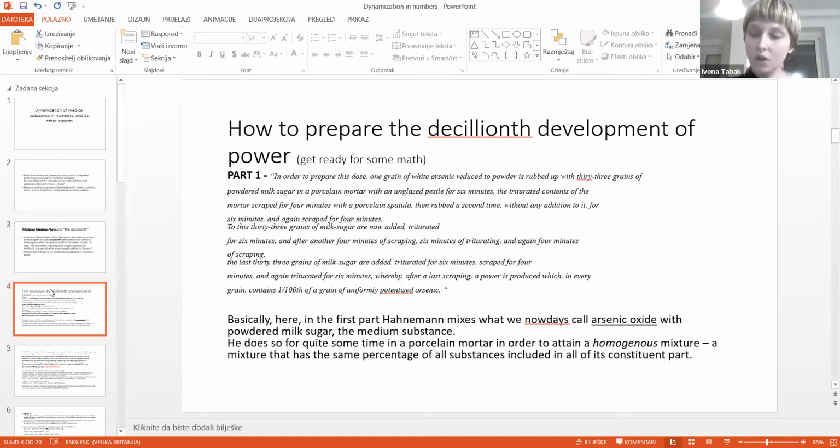So he wants to mix it thoroughly, so that when he takes 1 grain of this mixture containing 100 grains, no matter how he takes it, he always gets 1/100th part of uniformly potentized arsenic. So this is actually already 1C potency.